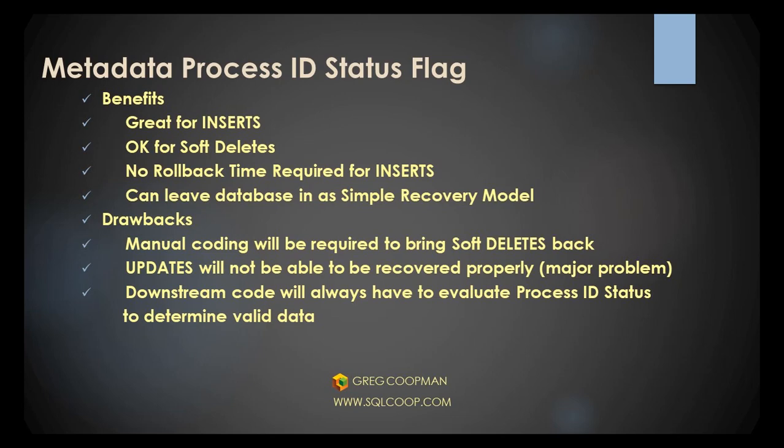So yeah, you've got to add that bit of complexity to your code. Not much, but it's still something. And if you have a lot of reports, a lot of queries, you always have to remember to put that in. So that's the benefits and drawbacks. I do like this technique, but not for updates at all.